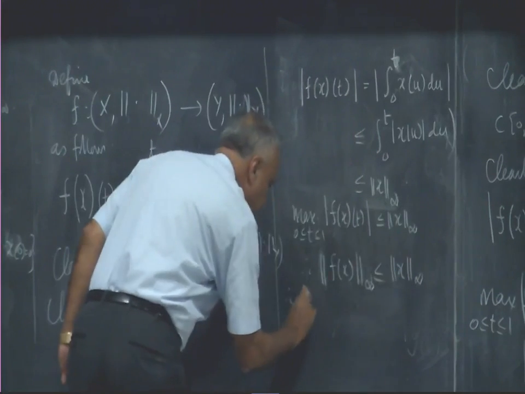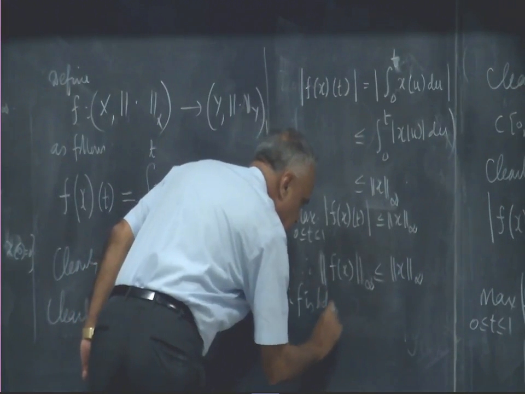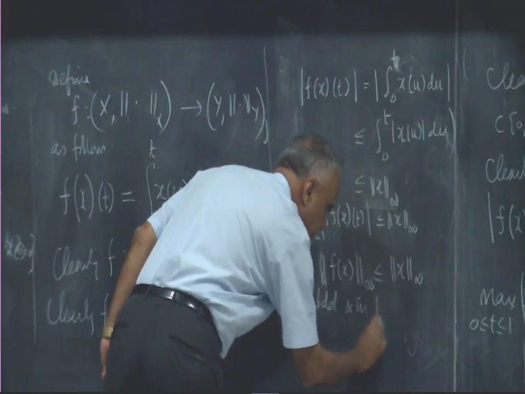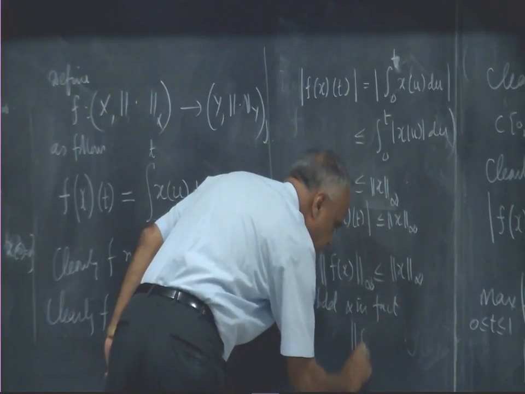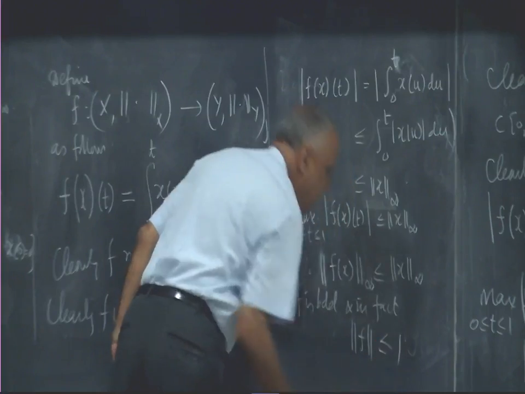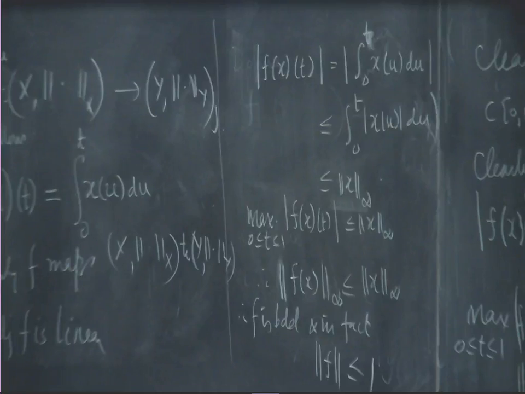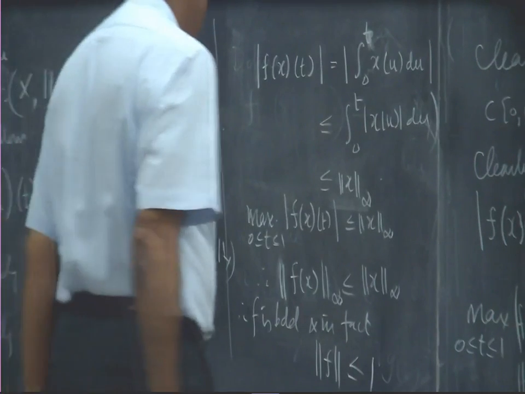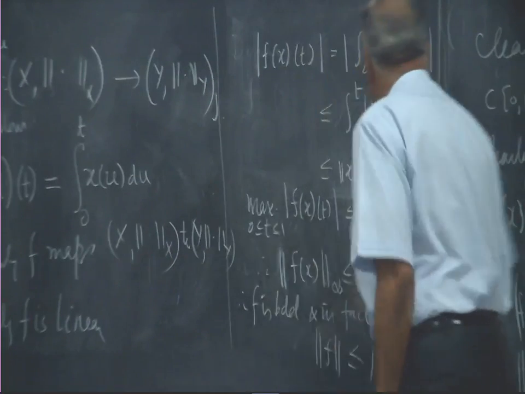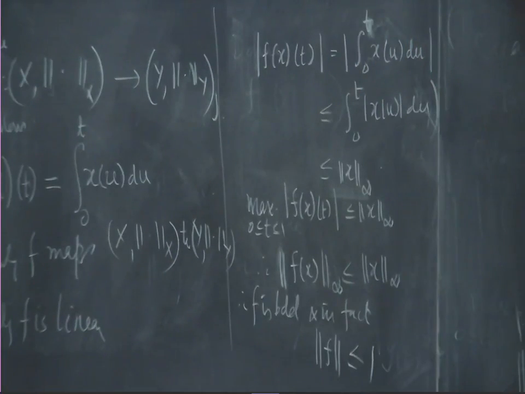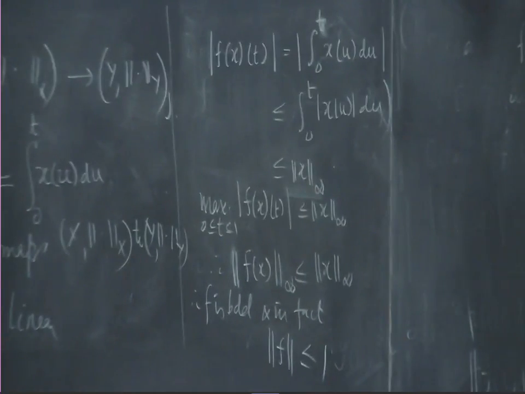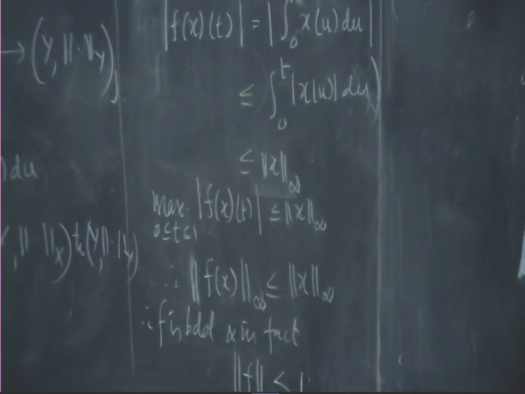So f is bounded, and in fact the norm of the transformation is less than or equal to 1, because the ratio of the changed length to the original length is at most 1. So we have a bounded linear transformation from x to y.